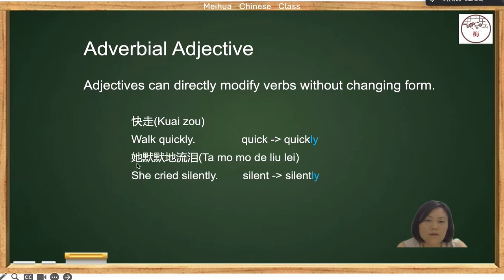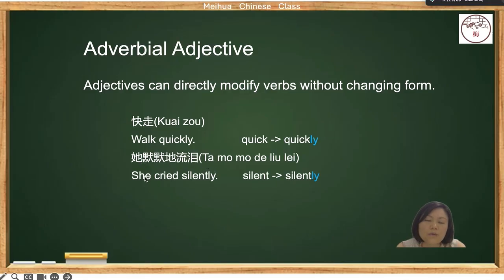Second one, 他默默地流泪。他 she, 默默 it's an adjective, means silent. 默默地流泪. 的 is the particle between adverbial and a verb.